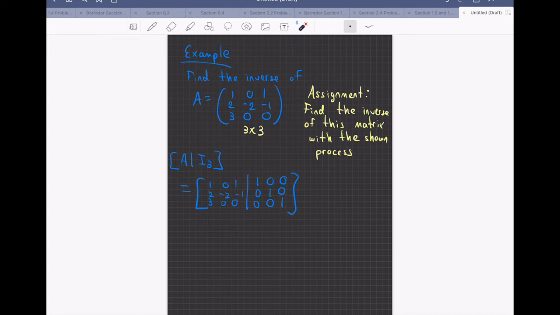But what is going to be the inverse? You can verify. You can use a web page to compute the inverse, right? So let me show you that.